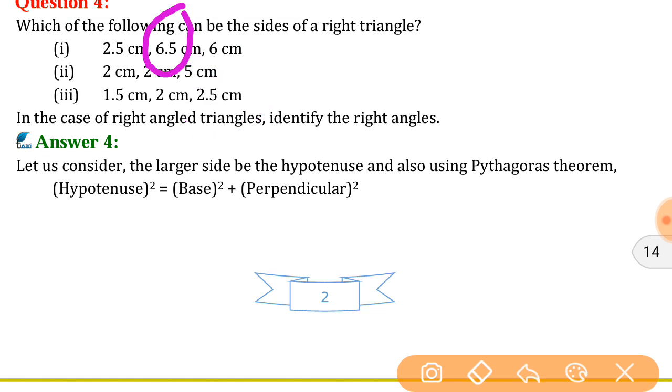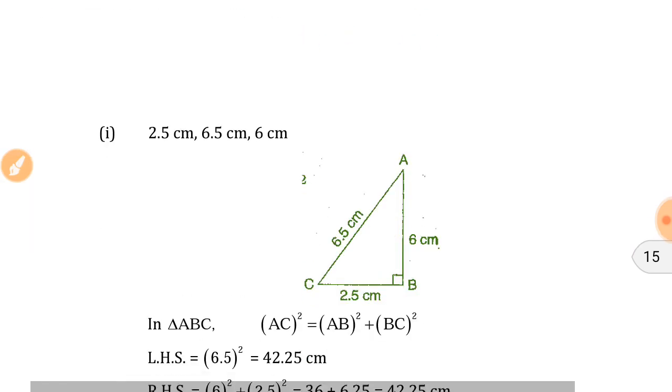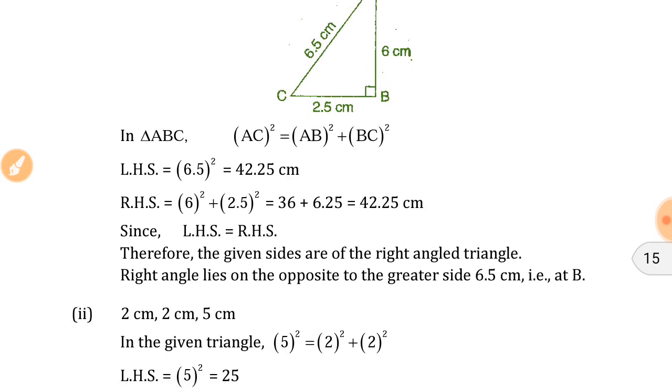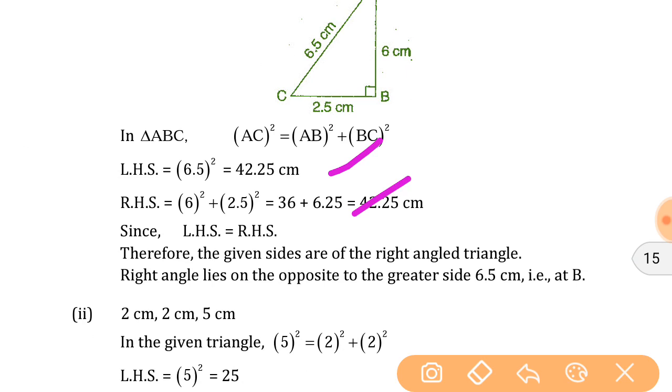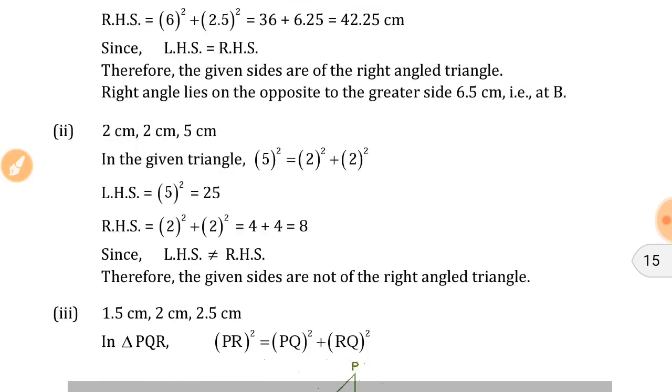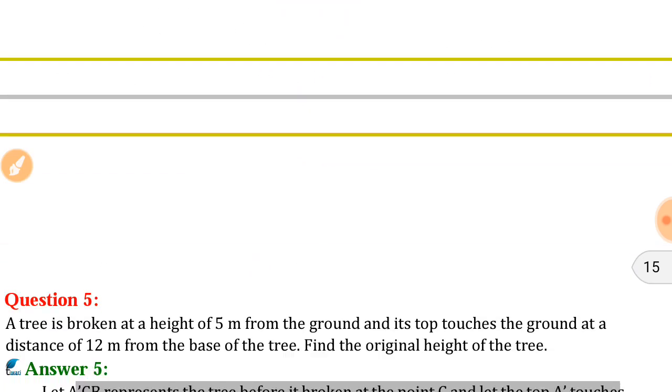That you have to check by the calculation. See here, if this is true, then it is a right angle triangle. Otherwise, no. If the answer doesn't come the same, it cannot be the triangle.